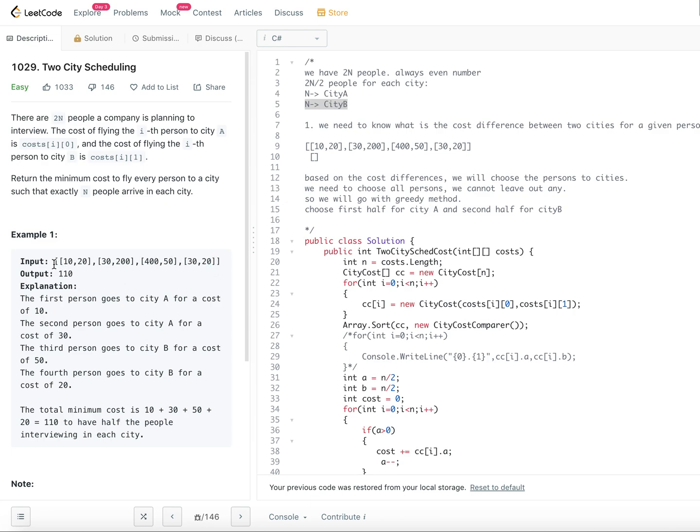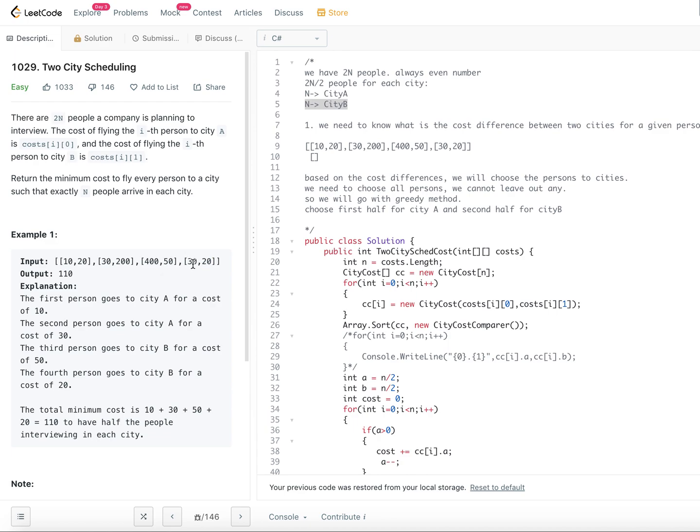So this example is like a toy example, because by looking at the numbers we were able to say these two can fly to city A and these two can fly to city B. The cost of flying to city A is less here, and here the cost is more, so that's why we are flying this candidate to city B. But this is not always the case.